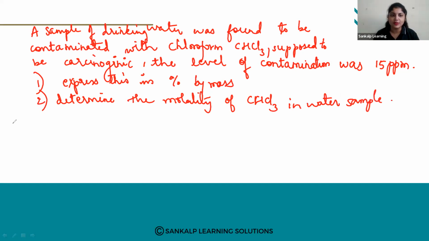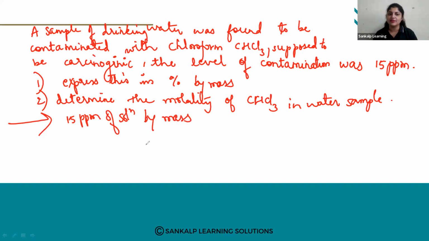First, tell me what 15 ppm of solution by mass means. What do you mean by this statement? 15 ppm by mass means 15 grams of CHCl3 is dissolved in 10 raised to 6 grams of solution.